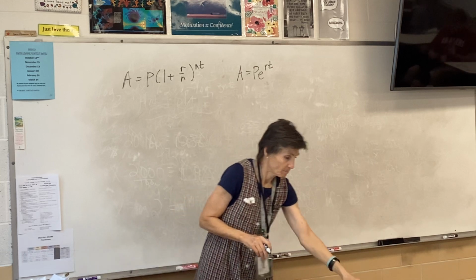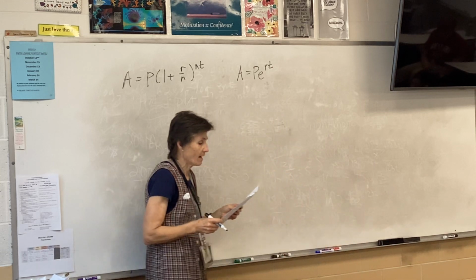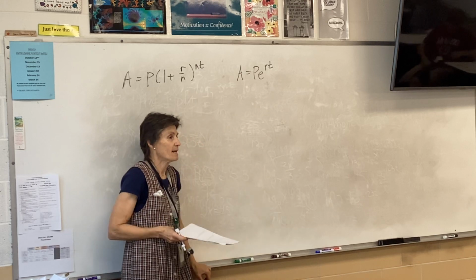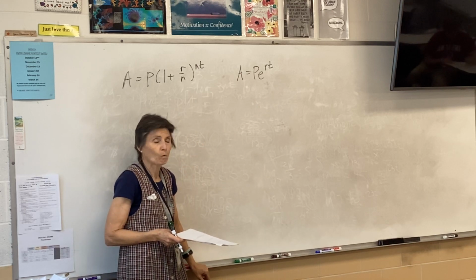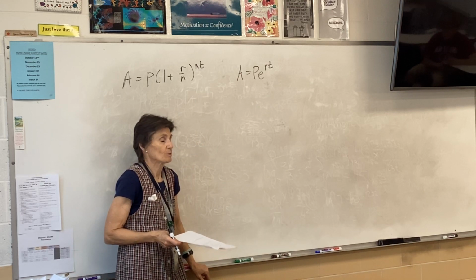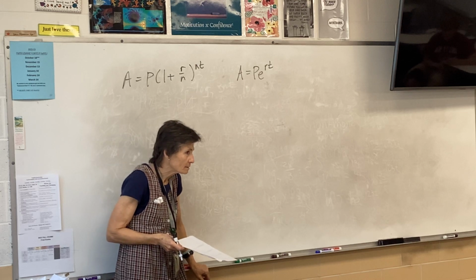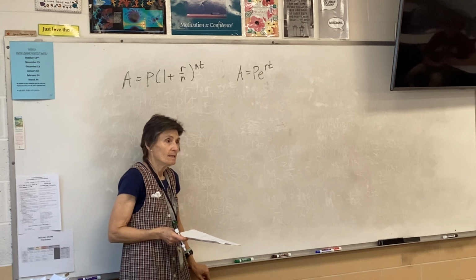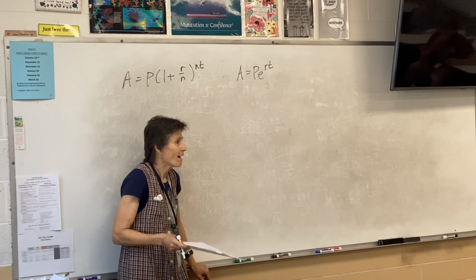Number 5. Find the decay constant of an element if its half-life is 10.2 years. Which formula? PERT. This is not about money. Does anybody know what half-life means?